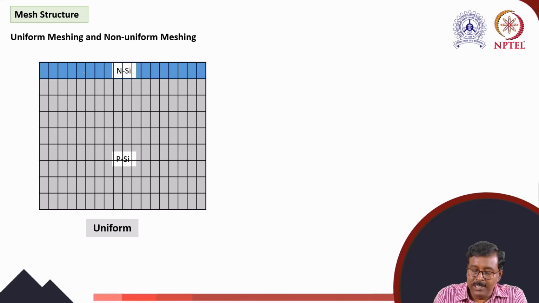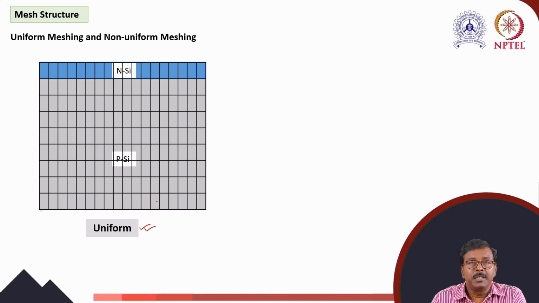The whole region is divided into small parts of equal width along the x-axis, similarly along the y-axis. The step size along the x-axis and along the y-axis may be different, but if the step size is equal for all the lines, then it is called uniform meshing, and in the figure it is shown as uniform meshing.